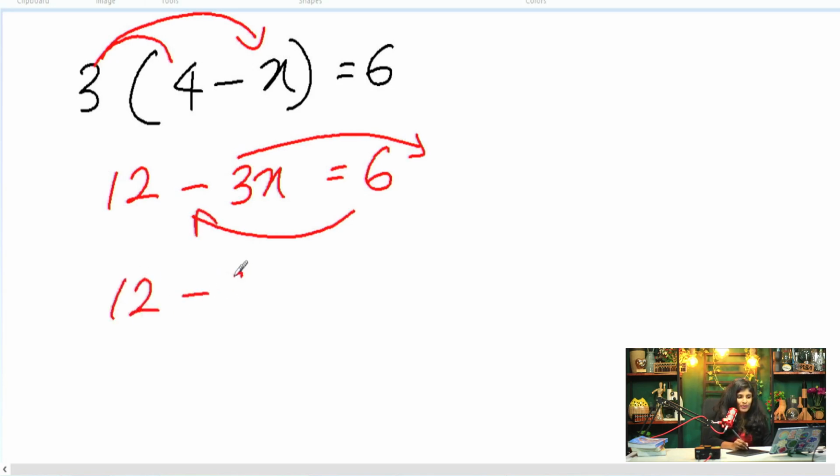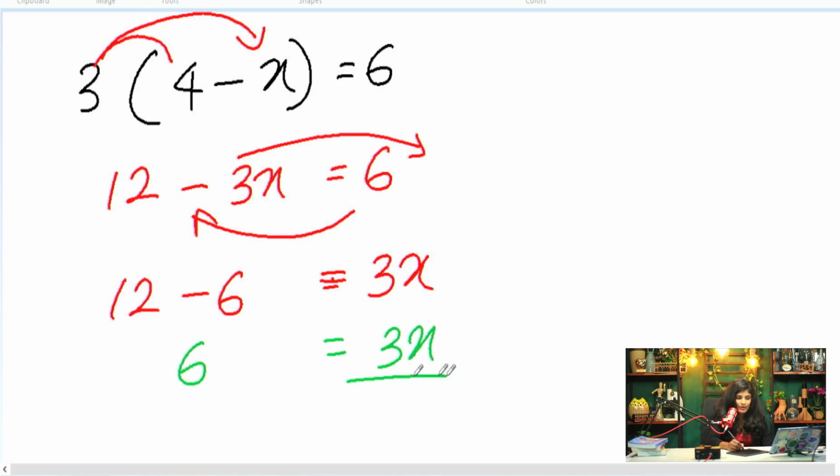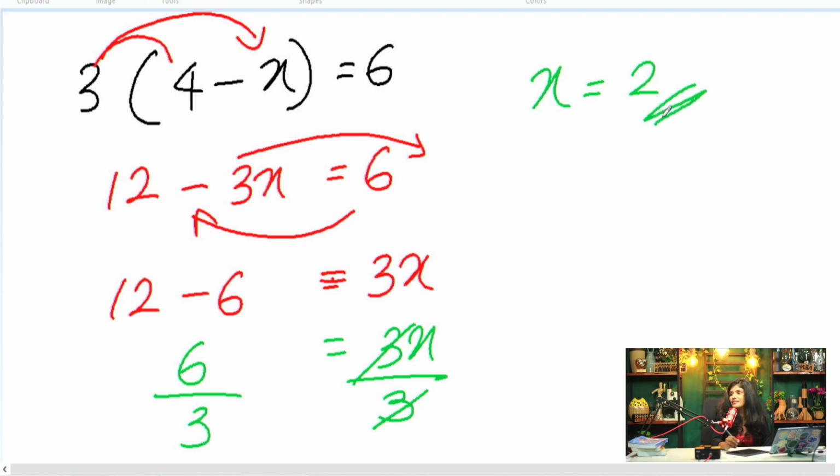That means 12 minus 6 equals 3x. Here 3x is negative. When I carry that one to the right-hand side, it will become positive. So 12 minus 6, the answer is 6, equals 3x. I'm going to divide both sides by 3. And x equals 2. That's it.